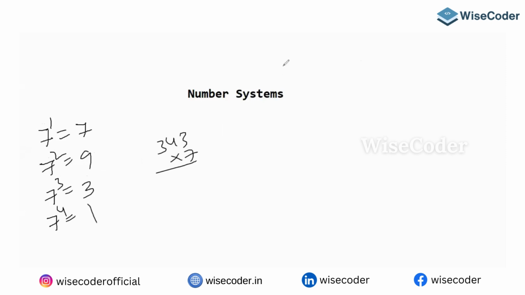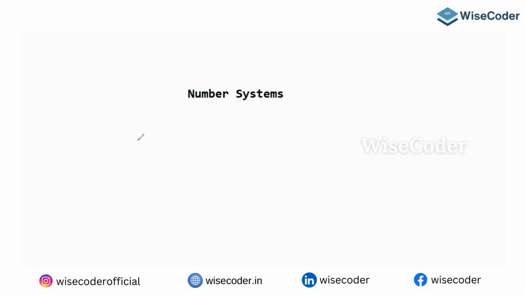Just now I told you whenever you encounter 1, if you end with 1, the same digits are going to repeat. So 7 cyclicity is going to be 4. What are the numbers that will come? 7, 9, 3, 1. So these are the unit digits.